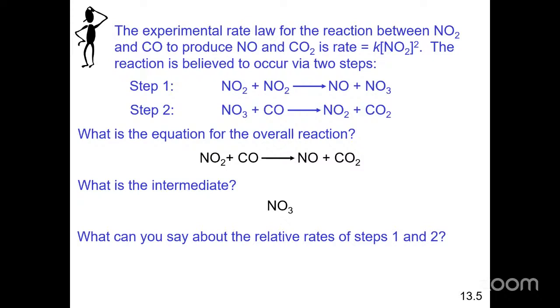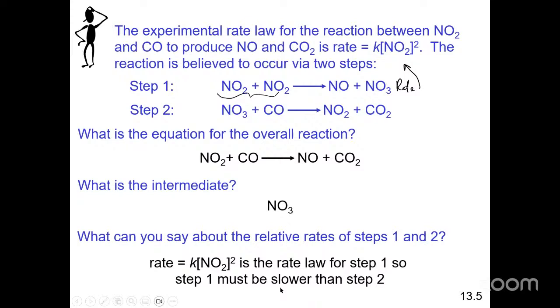Step 1, exactly. And why do you say that? Because the molecularity of this here is 2, which means that the rate of this step is equal to that, which is the result of the kinetic experiment that these guys have done. So therefore, the answer is that step number 1 is the slower step of the two, all right?